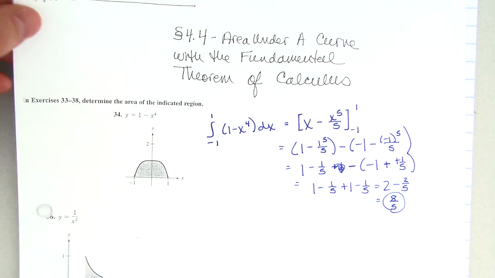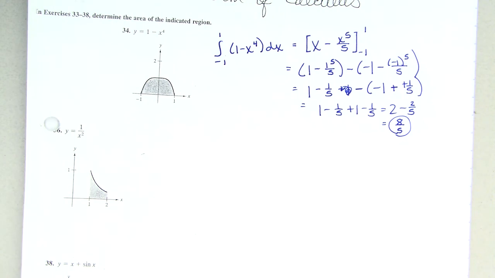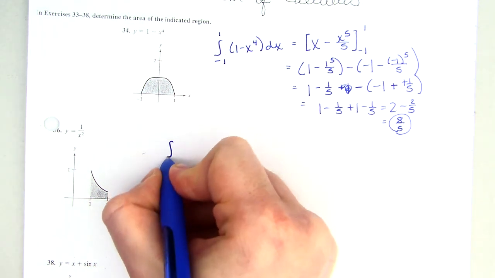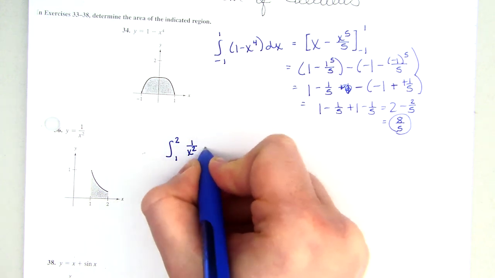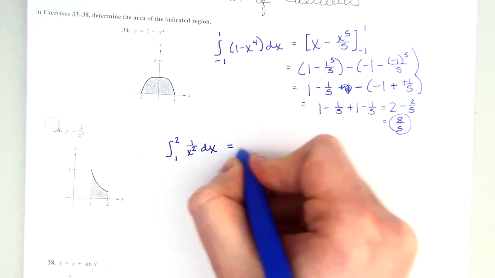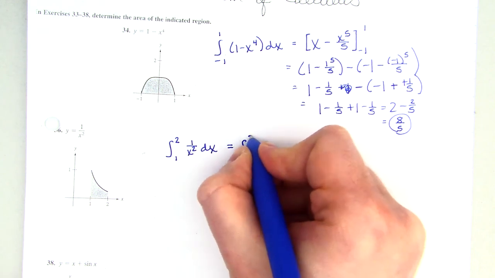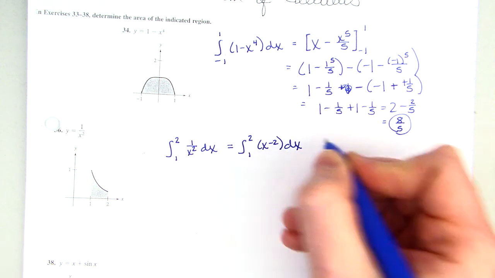See if you can set up the integral for 36 and work through it. Should be the integral from 1 to 2 of 1 over x squared dx, and I hope you remember that the trick here is we need to rewrite it as x to the negative 2 dx.